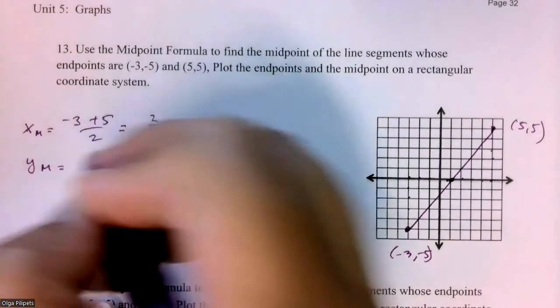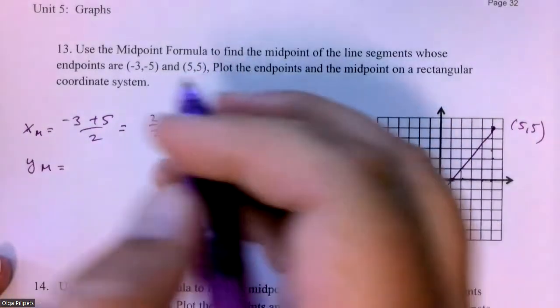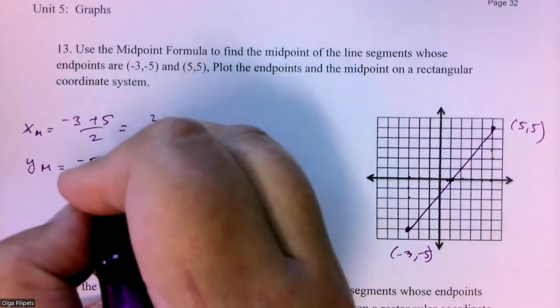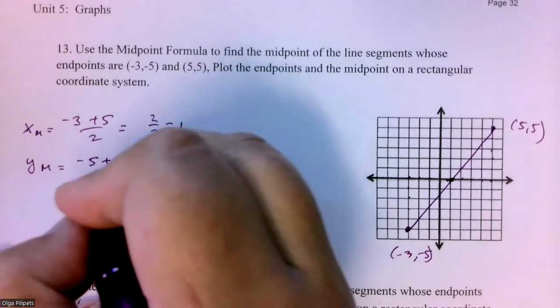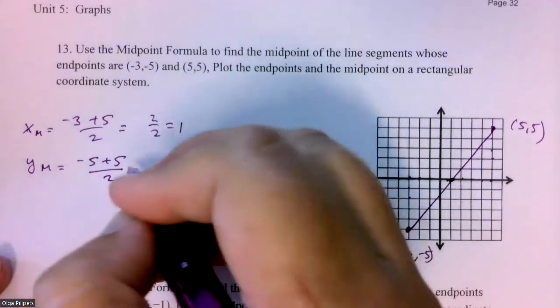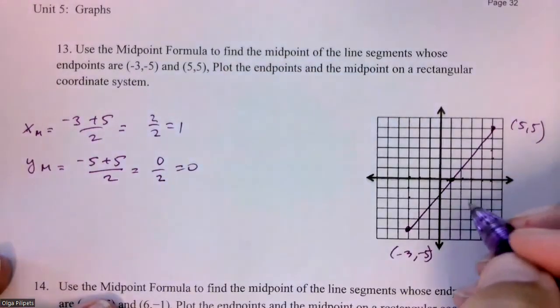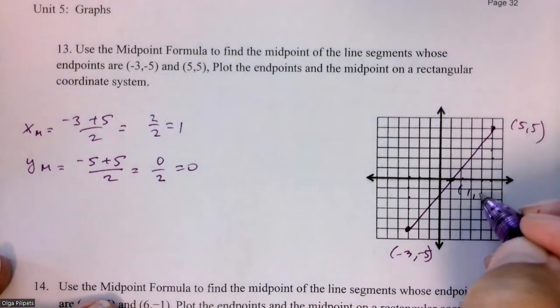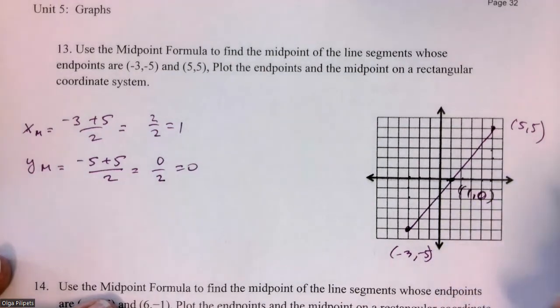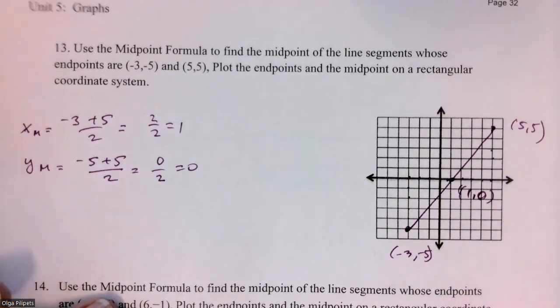The y-coordinate of the midpoint is the average of the y-coordinates, -5 plus 5 over 2. Yay, 0/2 is 0. So yes, the coordinates of the midpoint are 1, 0, just like we expected.